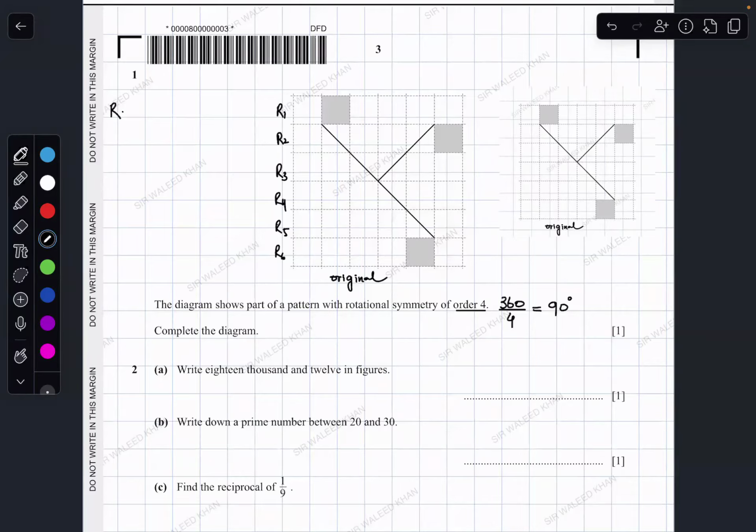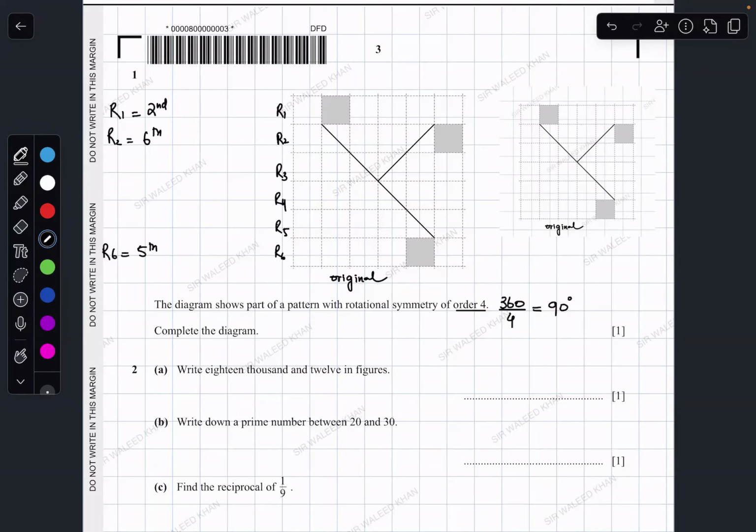In row 1, we have the second box shaded. In row 2, we have the sixth box shaded. Then there are no boxes shaded in row 3, row 4, row 5, so we are going to just deal with row 6. In row 6, the fifth box is shaded.